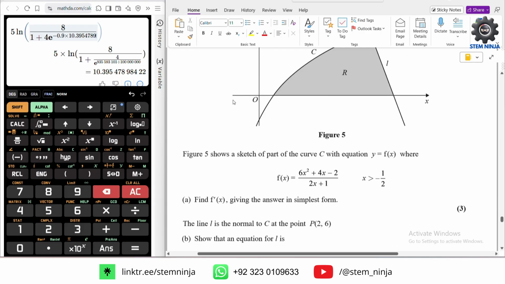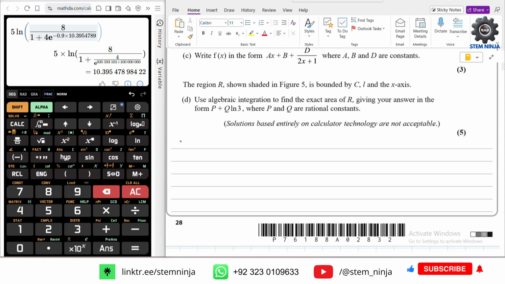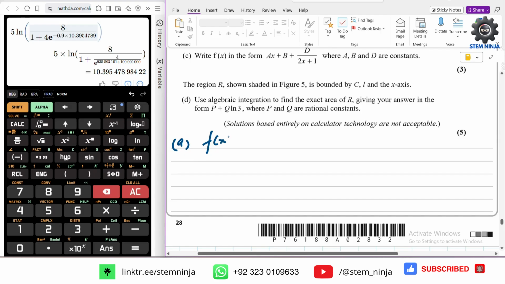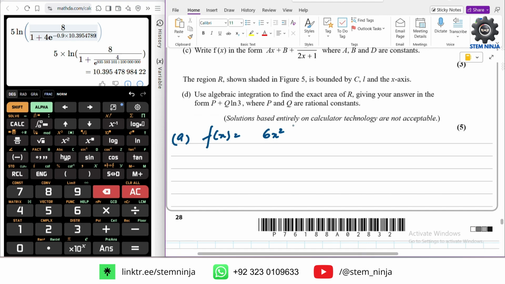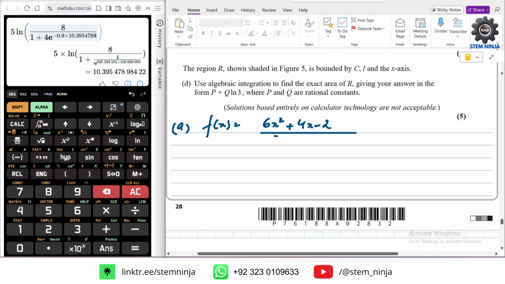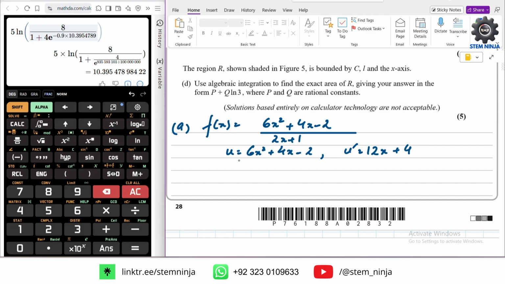So basically we need to do the quotient rule. Six x squared plus 4x minus 2 divided by 2x plus 1. Okay, so u is going to be 6x squared plus 4x minus 2, so u prime would be 12x plus 4.